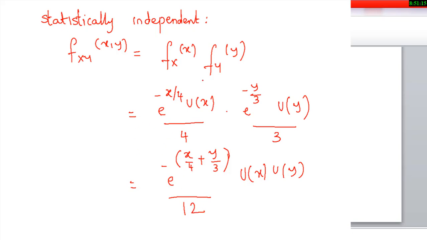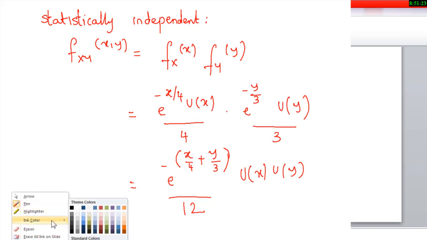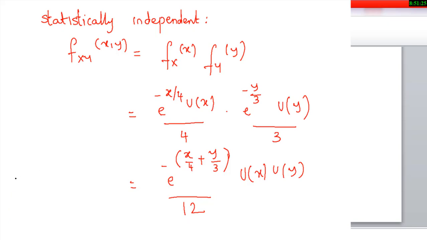Now this we have got from the marginal functions, and f of x comma y is given in the question as 1 by 12 e power minus x by 4 plus y by 3 into u of x, u of y.